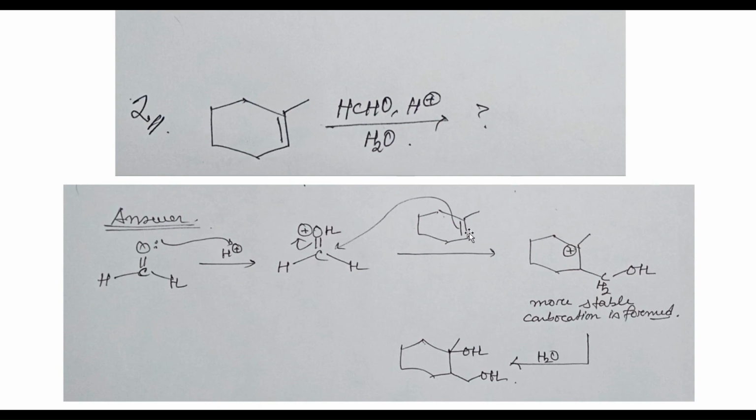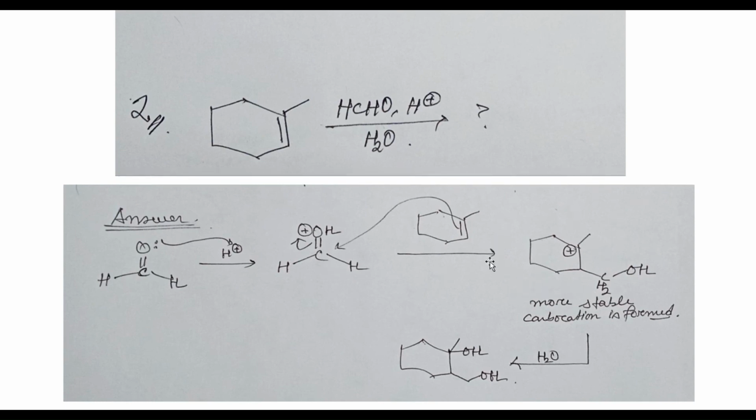Here this pi bond, compared to sigma bonds, is more loosely bound and comparatively more reactive than sigma bonds. So this pi bond will give its electrons to this electron deficient carbon and form this type of compound.